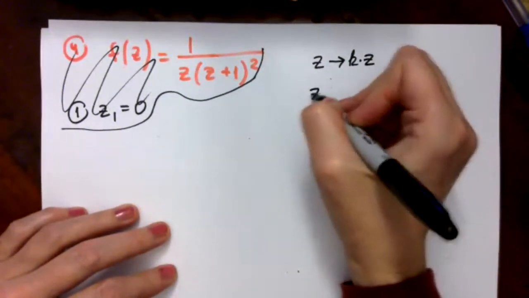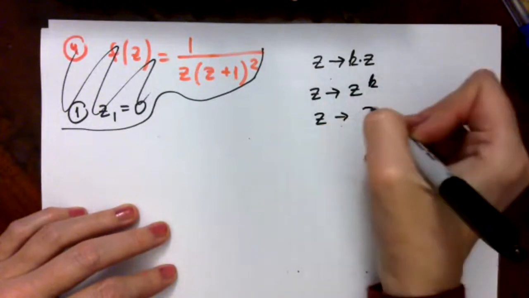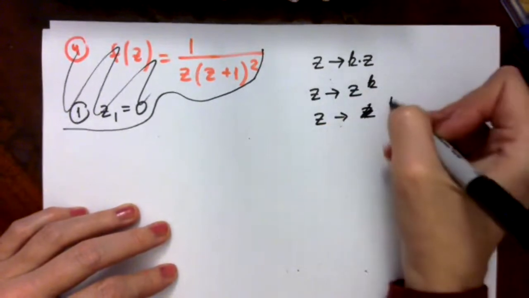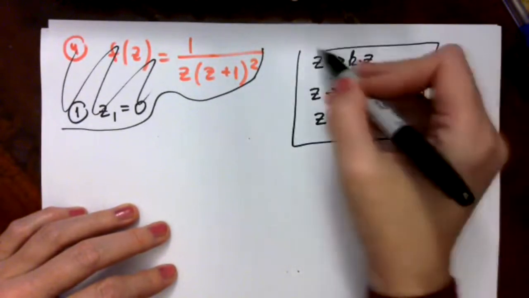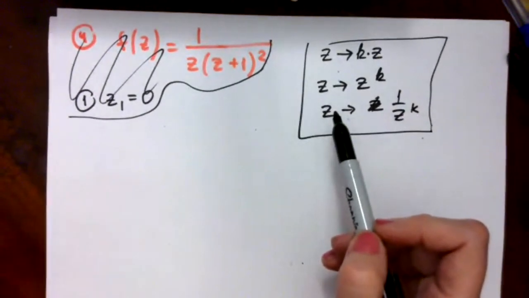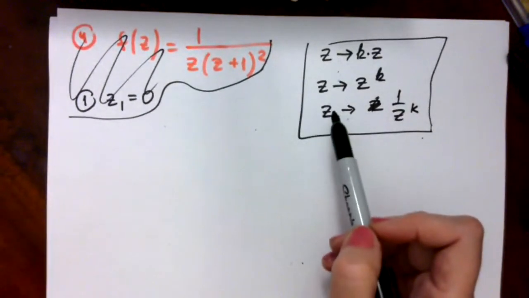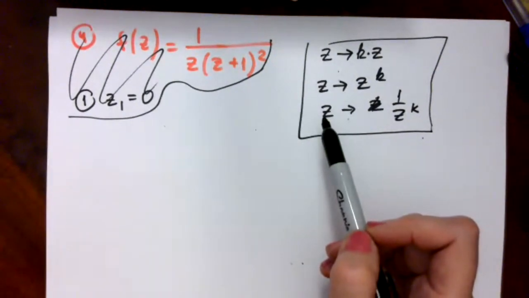Another allowed operation, instead of z, you can substitute z to the power of k, or even a negative power, 1 divided by z to the k, and so on. This was the set of allowed operations which allow you to write these expansions quite efficiently. But I forgot to mention one more very beautiful one. It turns out that you can actually differentiate or even integrate this series, Laurent series, as well as Taylor series.